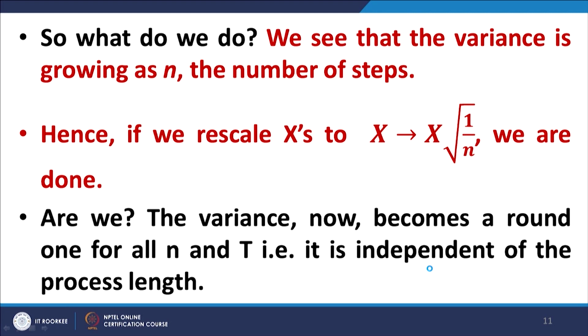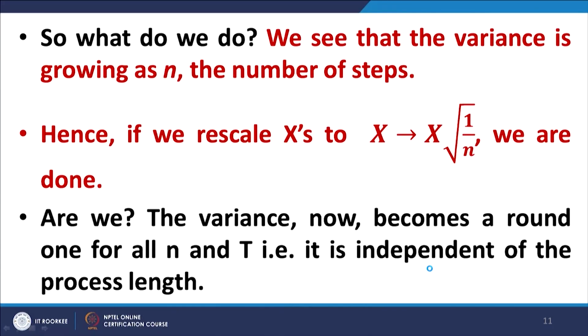Clearly, as we go from the discrete framework to the continuous framework, the variance goes up with the number of steps. So, if we scale x, the jump in terms of x, to x into under root 1 upon n, then what happens? If you work out the entire thing again, the variance now turns out to be 1.